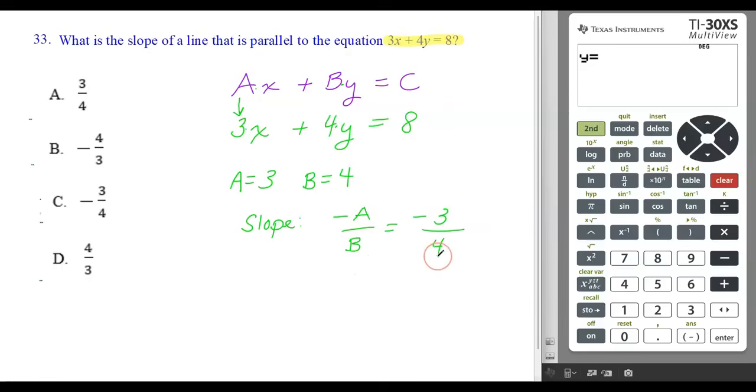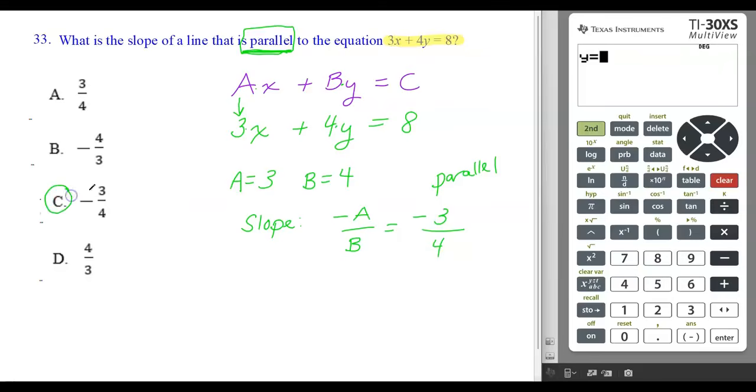So the slope is negative 3/4. Now, careful here. There is a negative 3/4 here. Is that your answer? Whenever it says what is the slope of the line that is parallel, whatever you get here is going to be your answer. So parallel, yeah, right here. I said that multiple times. So this is technically your answer, negative 3/4, and you're done.